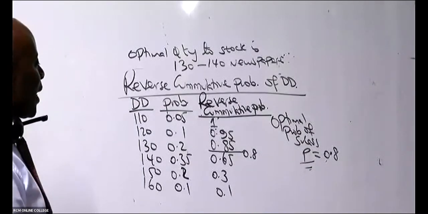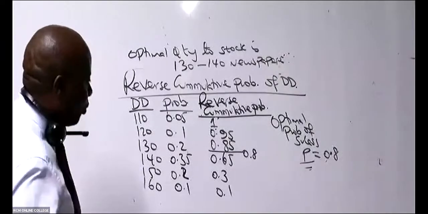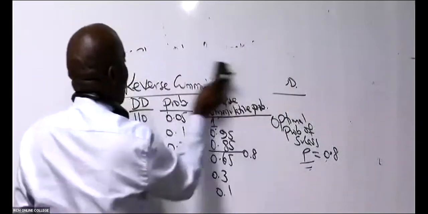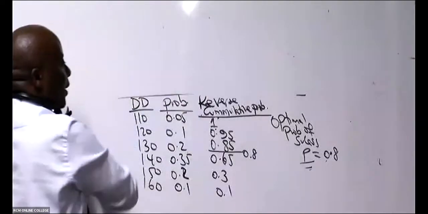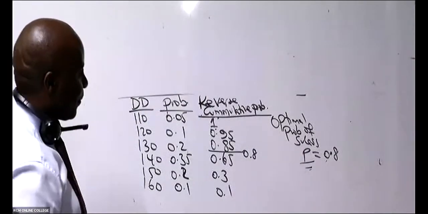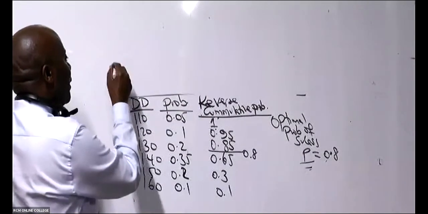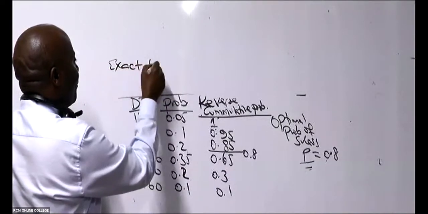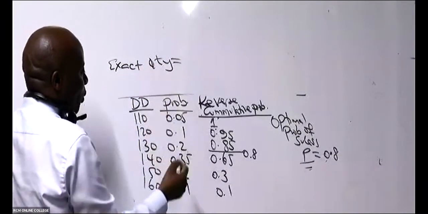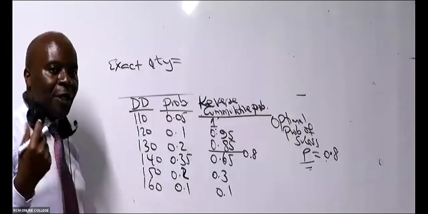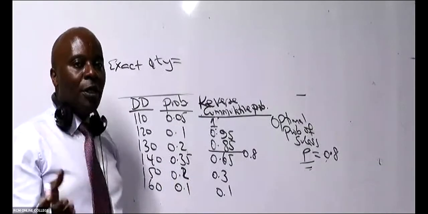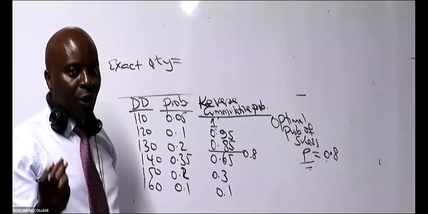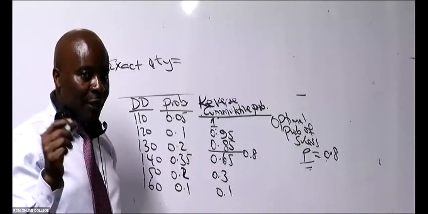So, ladies and gentlemen, this is how we do it. So to get, in this case here, the exact quantity with decimals, because we're using a continuous distribution, remember we have discrete distribution and a continuous distribution. Continuous distribution, they have decimals.